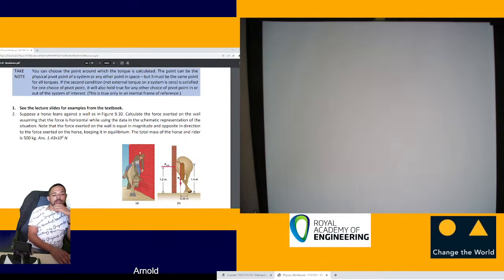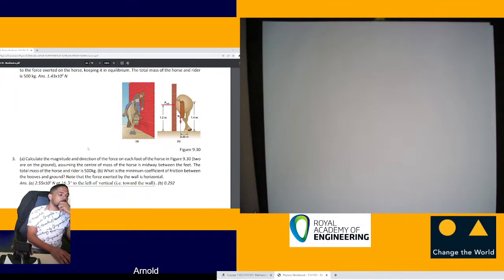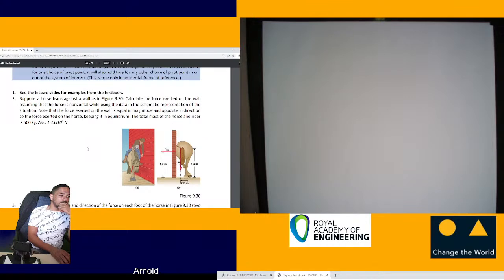We're going to do this example of the horse leaning against the wall with the rider on top of it, and then we will call it a day.